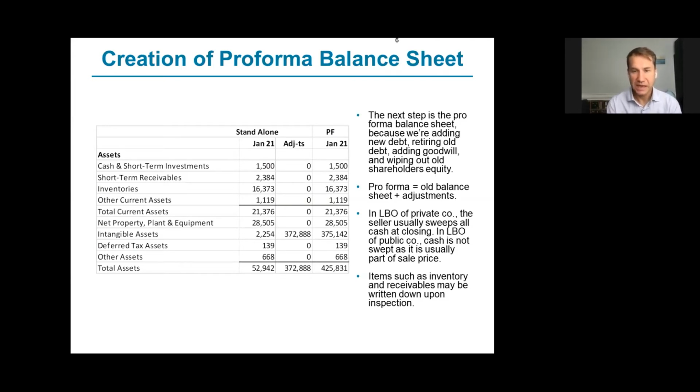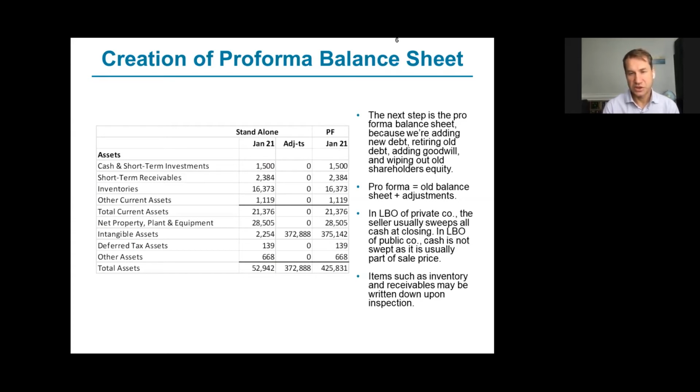Now I'll talk about the second new tab called Pro Forma Balance Sheet. It's basically the balance sheet as of the date of transaction, adjusted for leveraged buyout changes. So the main things here, they're purely financial. You'll see in the middle column here for adjustments, we will not be adjusting for operational items such as inventory or accounts receivable.